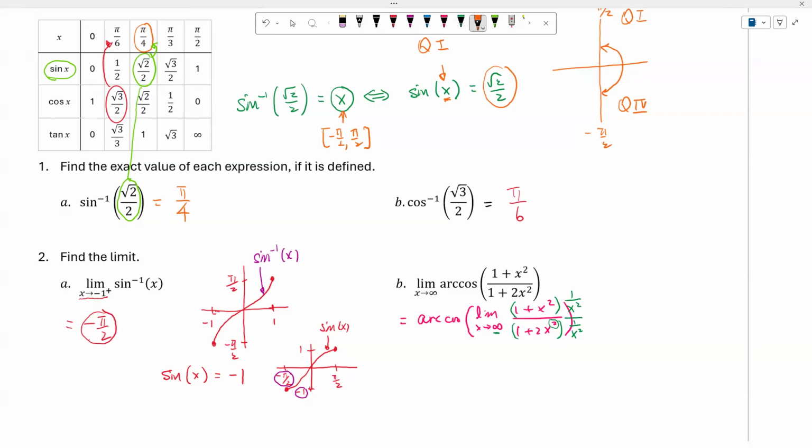Now I will have arc cosine of the limit as x approaches infinity of (1 over x squared plus 1) over (1 over x squared plus 2).